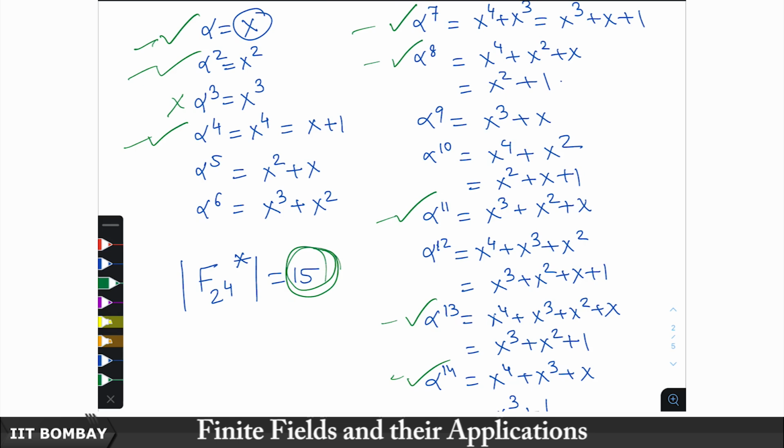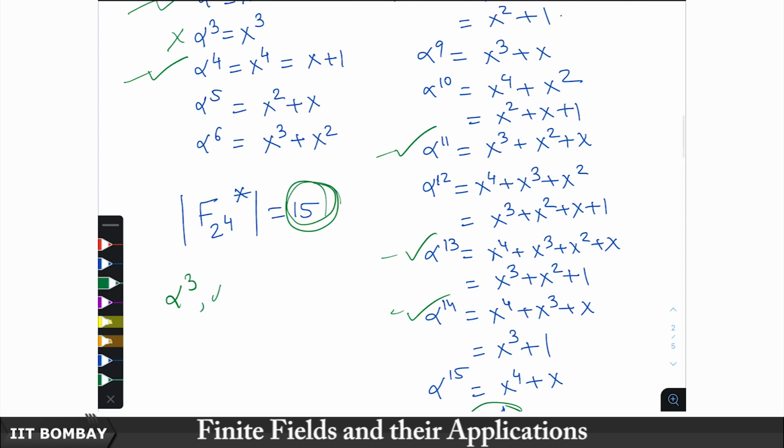You can adjoin alpha power 3 and get this same field. If alpha power 3 is there, then its powers alpha power 6, alpha power 9, alpha power 12 will be there, and in fact, these form a basis of F 2 power 4 over F 2.